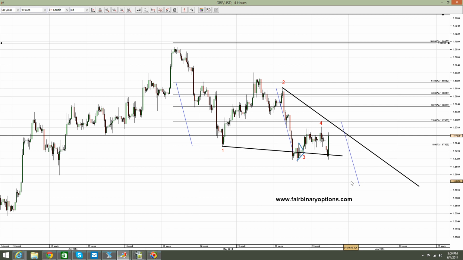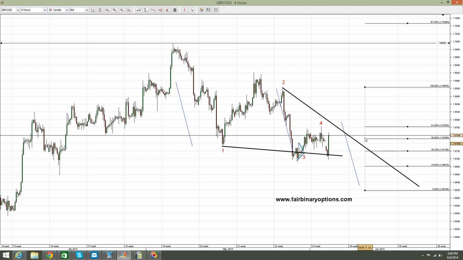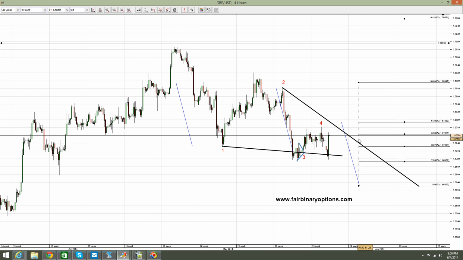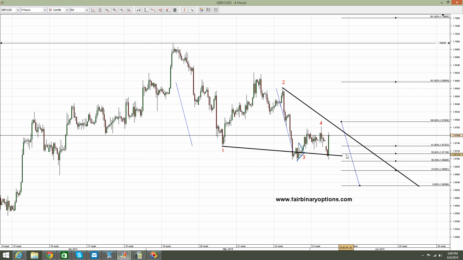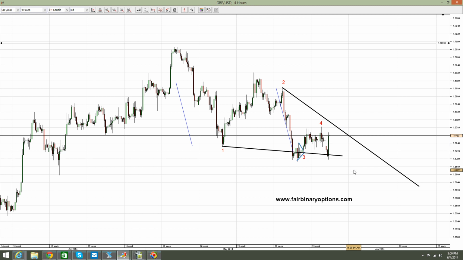So if you take 38.2 when compared with this move here, like this, you see that it is almost the same.